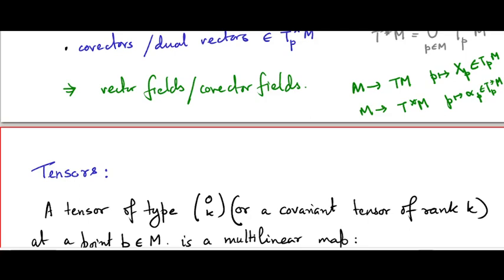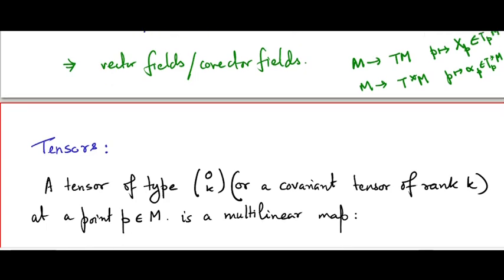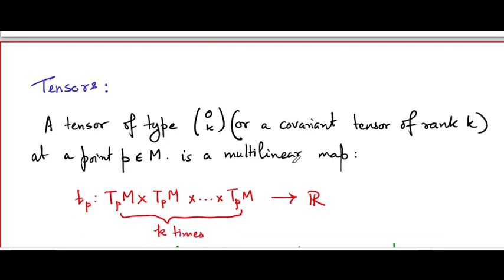This is also an object which is local, is tied to a point P of the manifold M. And a tensor is nothing but a multilinear map. It's a map which takes a bunch of vectors, exactly k vectors, into reals.